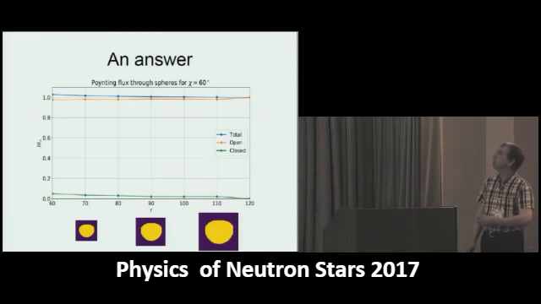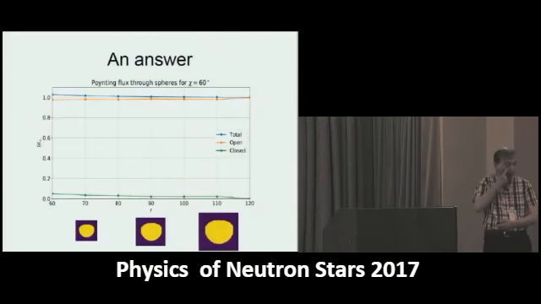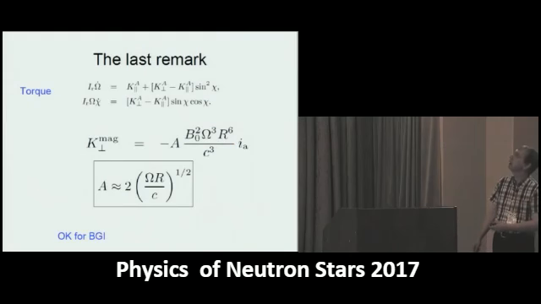This implies that we obtain extremely important support that in reality we have current losses, but it's necessary to include separatrix currents into consideration. The last remarks concern the value of this torque.